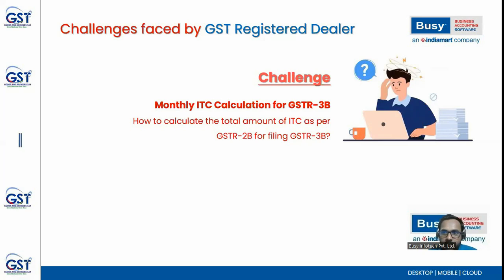Earlier you had to do this type of ITC calculation work, and only then would the 3B payment be accurate. If there are any mismatches or any wrong payment, that would be a problem. At that time the ITC will be lost, or sometimes you may not get the ITC at all. Those calculations you had to do before the payment of GSTR 3B.